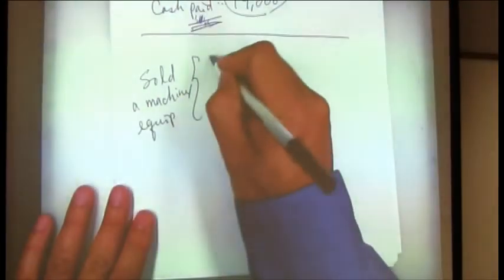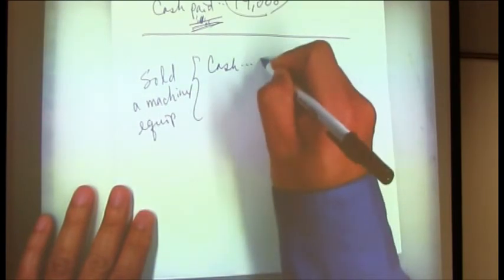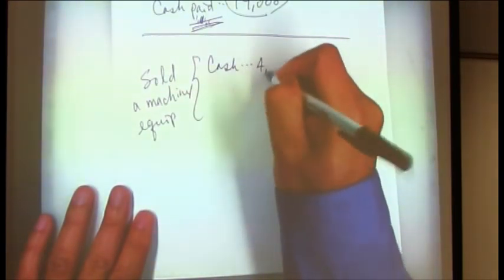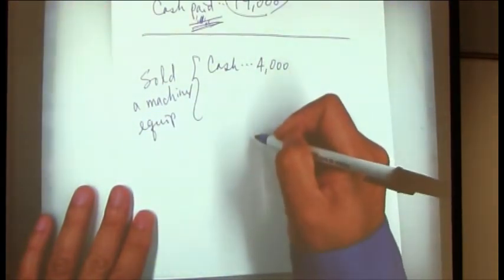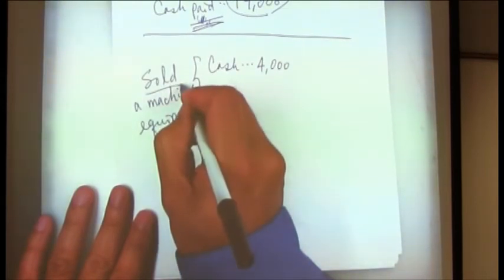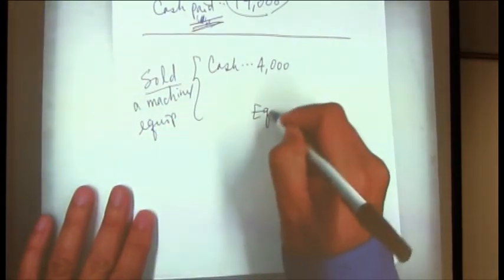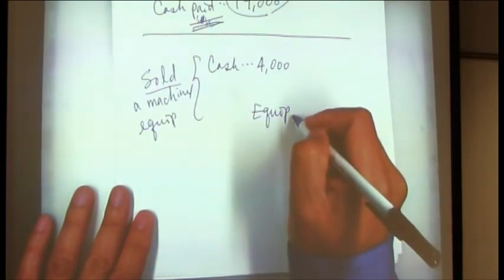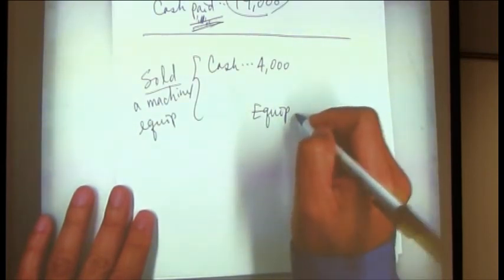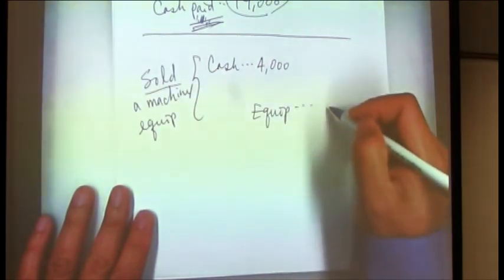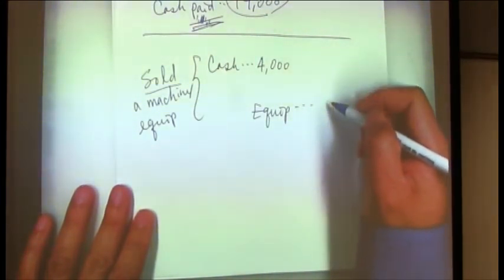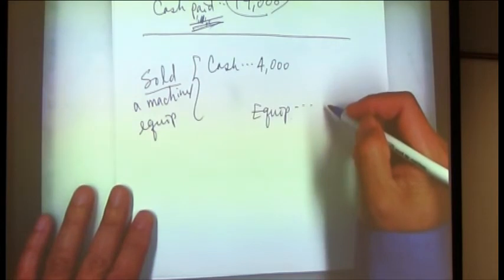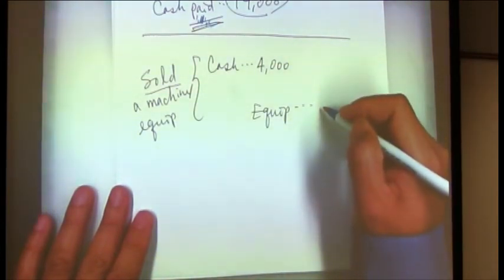Debit cash, very good. 4,000, very good. What did you do? Machine, equipment. Is the equipment debit or credit? Credit. I already wrote it, credit side. I was ahead of you. What was the original price, cost?